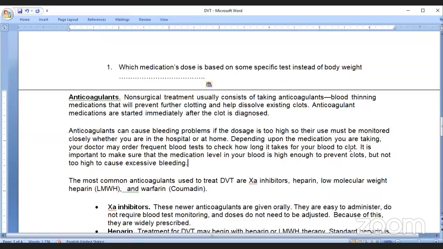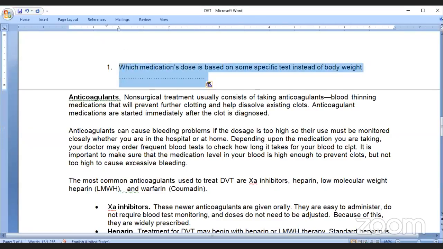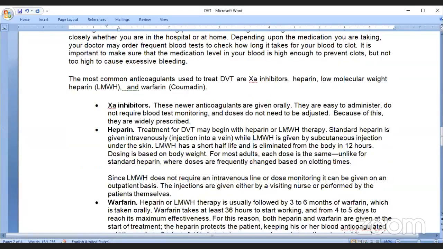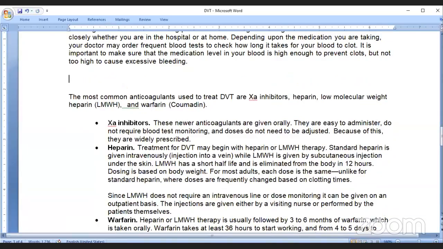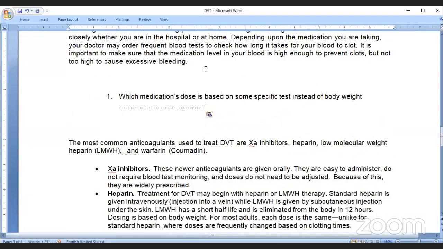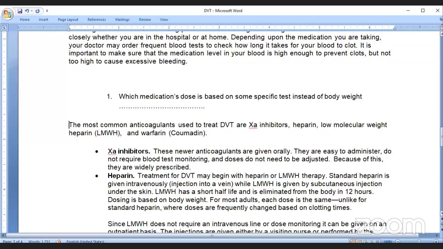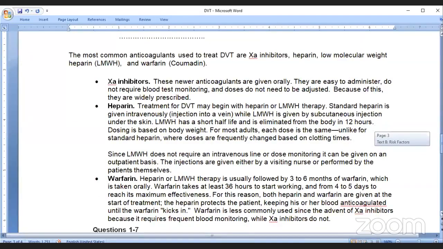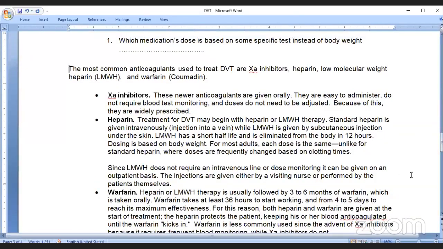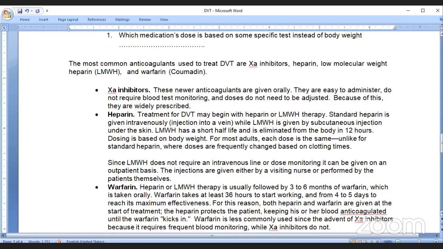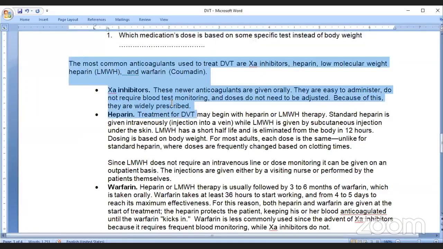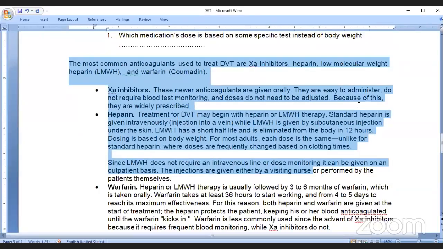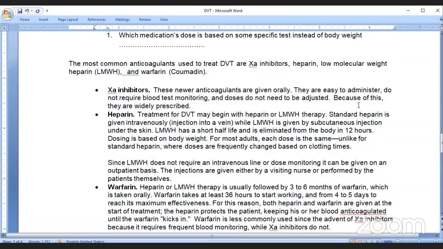So I think we should go for this specific part where they're discussing the medication exactly. So here is your question, and you can find the question here, and these are the medications.